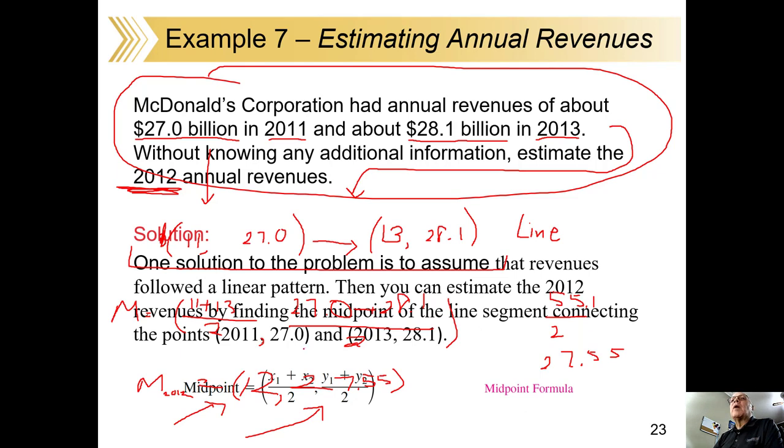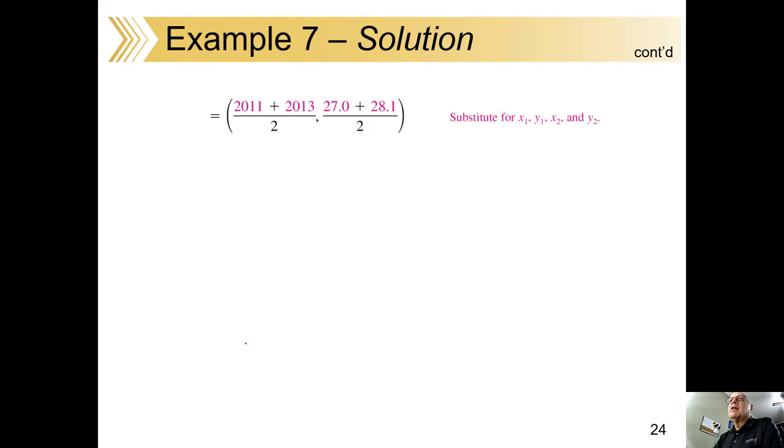This is one way of doing it. There are other ways of doing it. And this is a simple one because 2012 does happen to be right in the middle. So there we add them together, divide by 2. Not subtraction, that's the distance formula. Add them, divide by 2. That gives us our 2012.